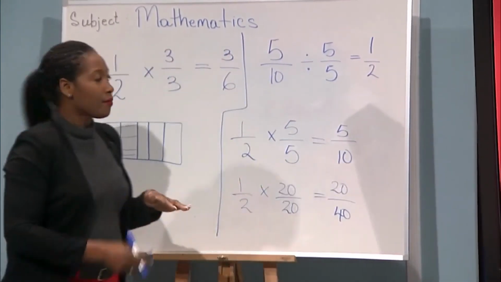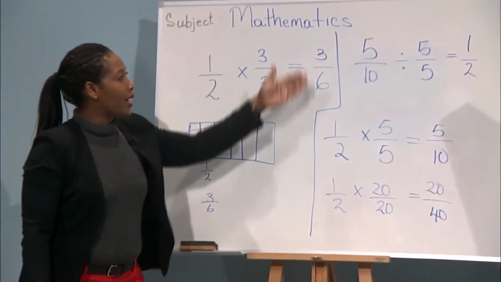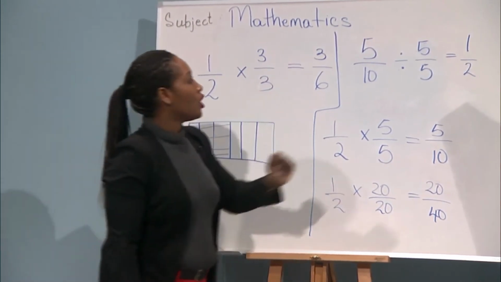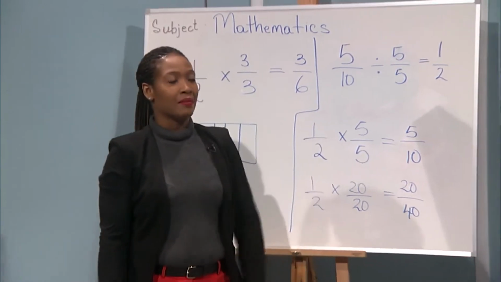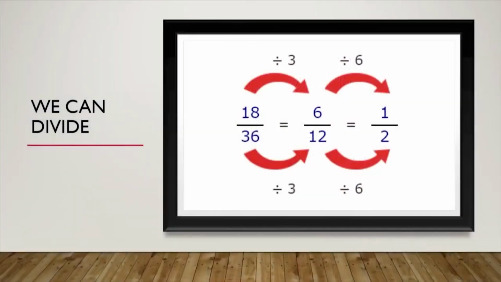What I'm saying, you can either multiply to find the equivalent fraction, or you can divide to find the equivalent fraction. And as you can see back here on the screen now, you have 18/36 as a fraction. If you divide both the numerator and the denominator by 3, it gives you an equivalent fraction of 6/12.